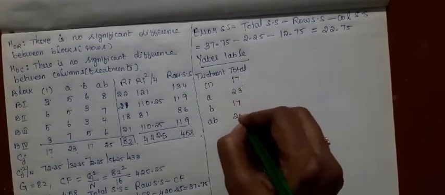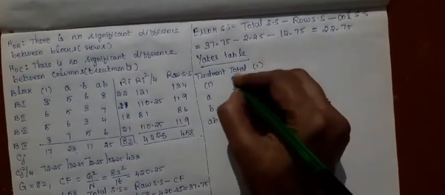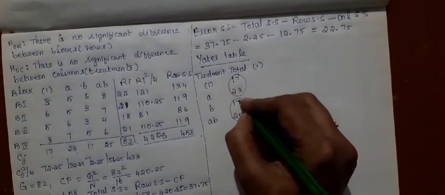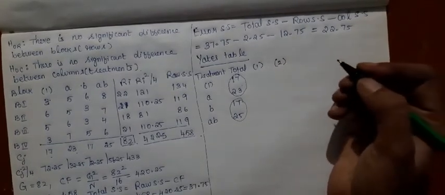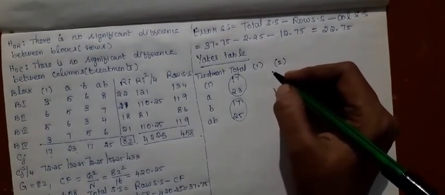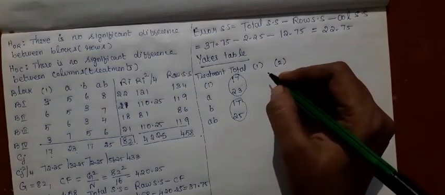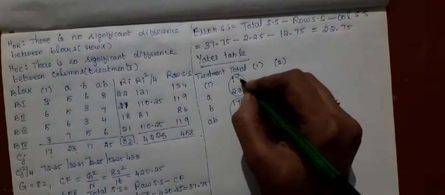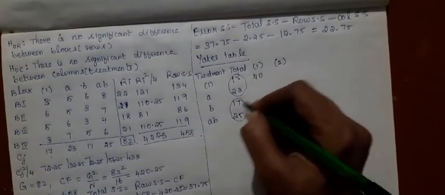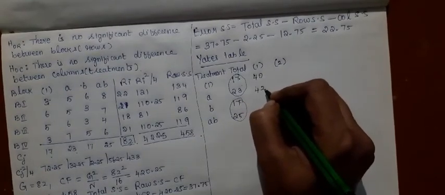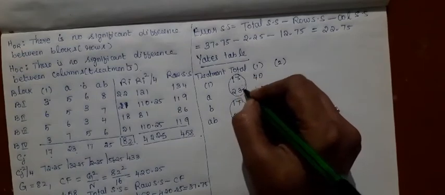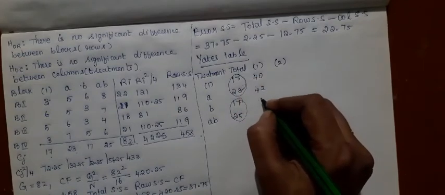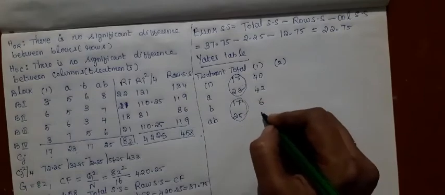Then in the first column you combine the values in 2's. This is a 2 square factorial design, so you should construct 2 columns to compute the individual treatment totals. When you add these two, you get 40. When you add these two, you get 42. Then find the difference between this and this, that is 23 minus 17, 15 minus 27.